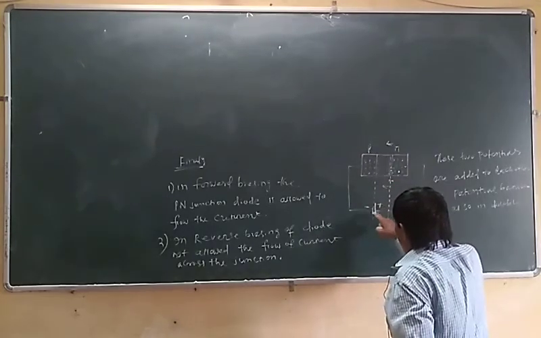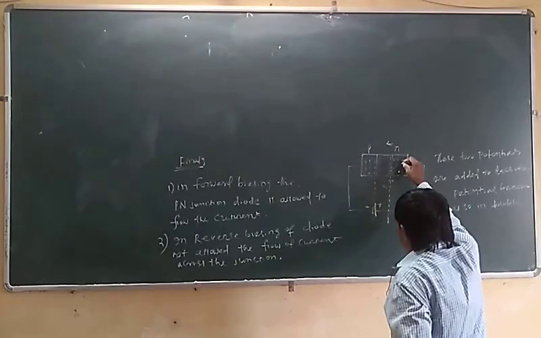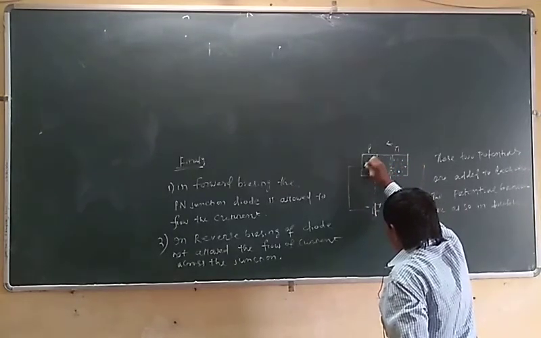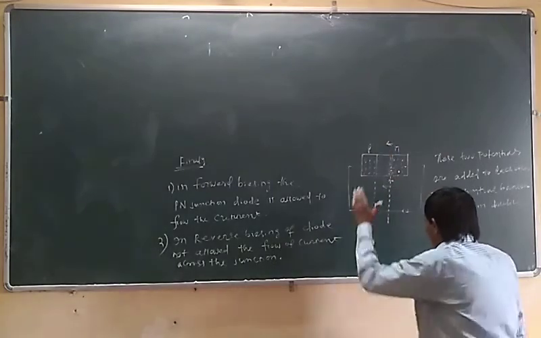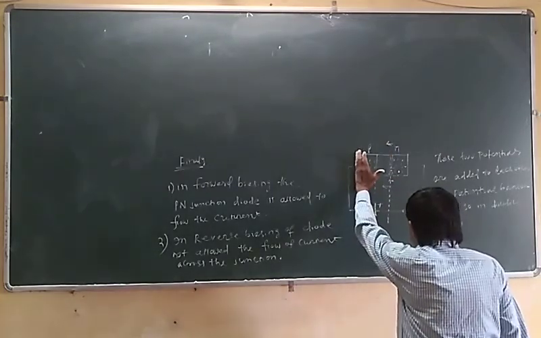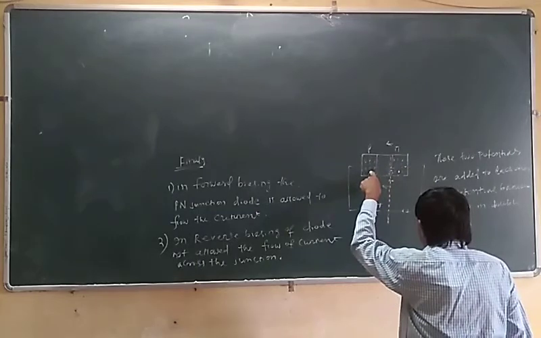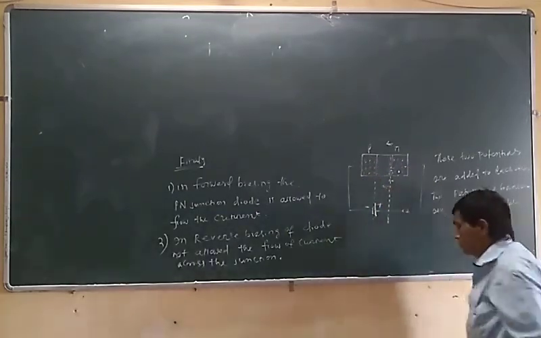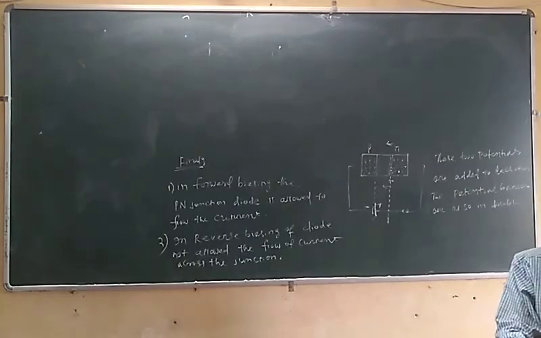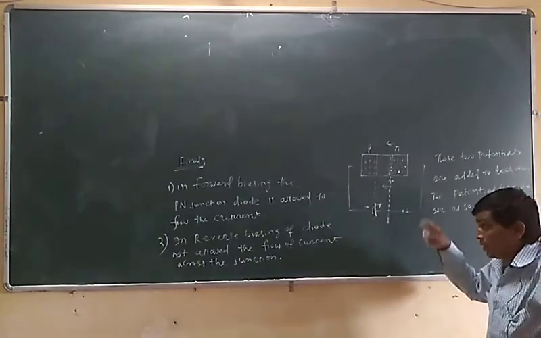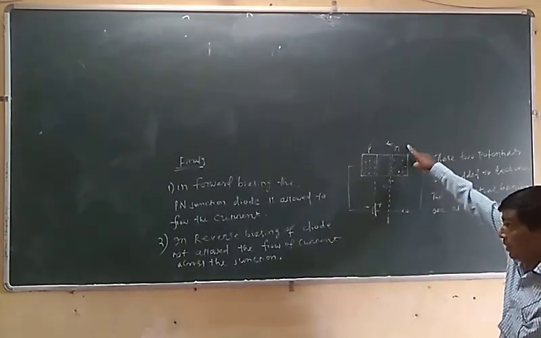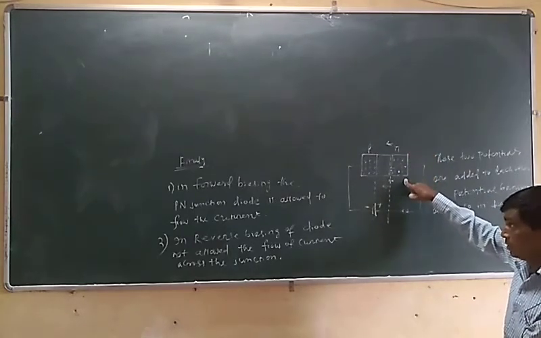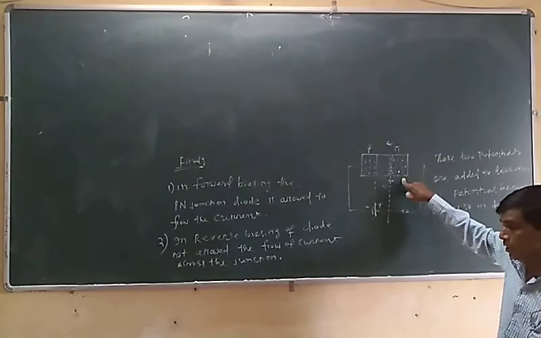When in reverse condition, the negative charges or electrons in the p-type semiconductor are allowed to move across the junction, because electrons always move from negative to positive. But in the n-type semiconductor, the minority charge carriers are holes. Holes are also positive charges.